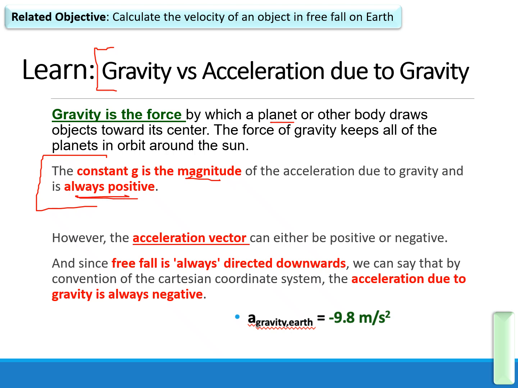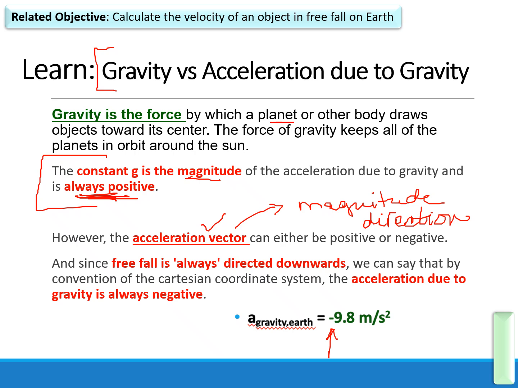However, when we talk about acceleration, which is a vector, and remember that vectors have both magnitude and direction, only when we're talking about gravity as an acceleration vector will it have this negative sign to it. Otherwise, gravity is always positive.